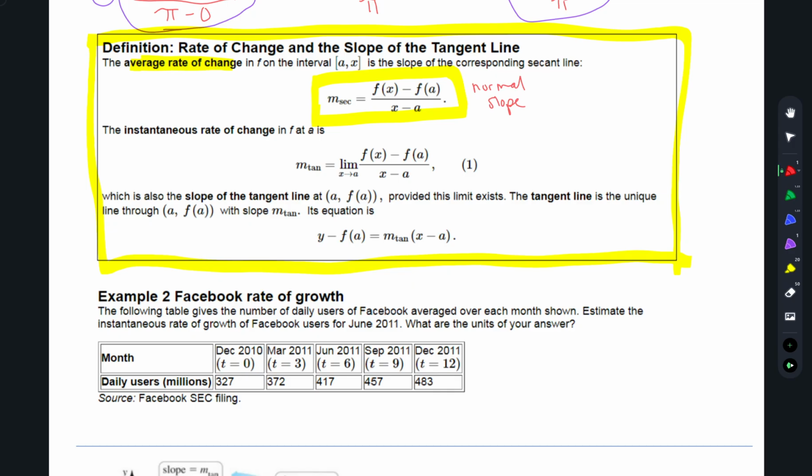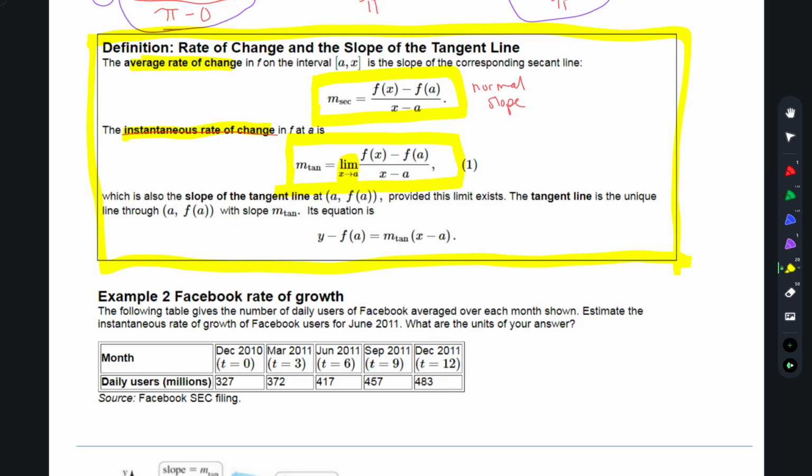When we start getting sassy, like tangent line, aka instantaneous rate of change, that's when we're dealing with the limit. So it's literally the same equation, but now the point that I'm doing the slope with is just psycho close to the point of tangency.